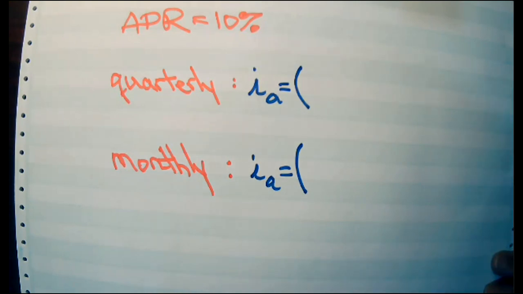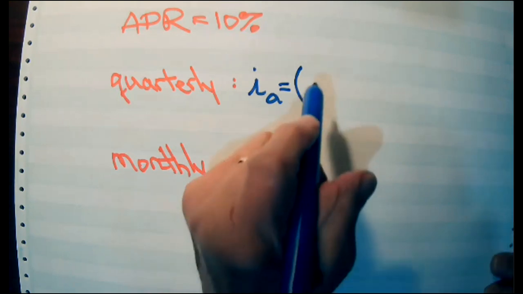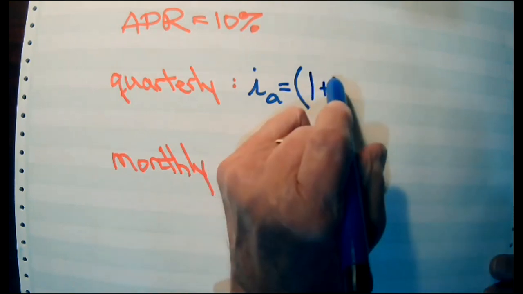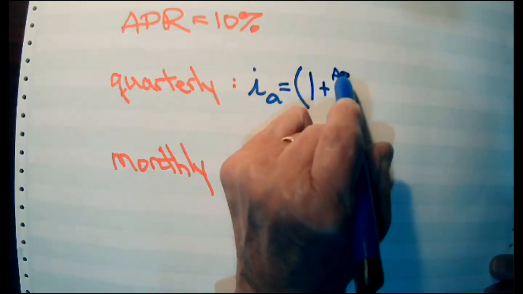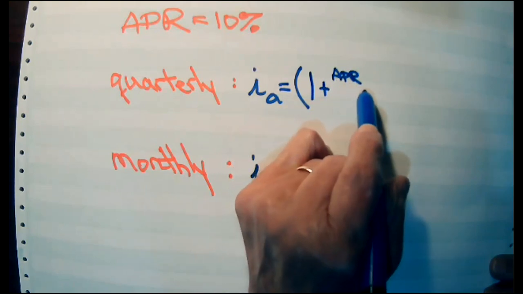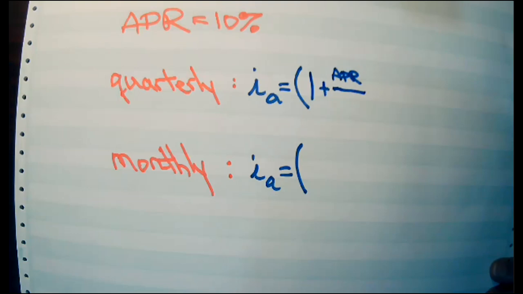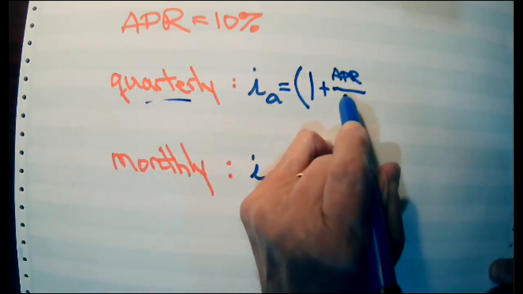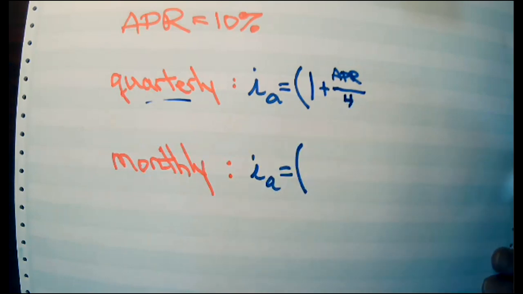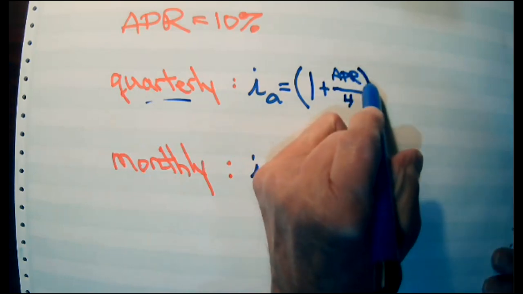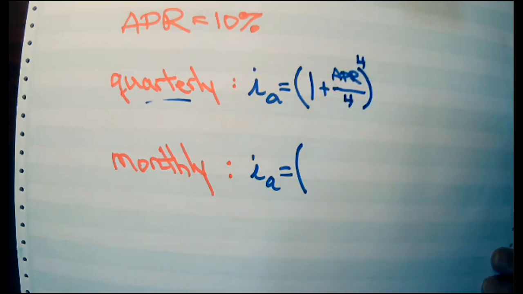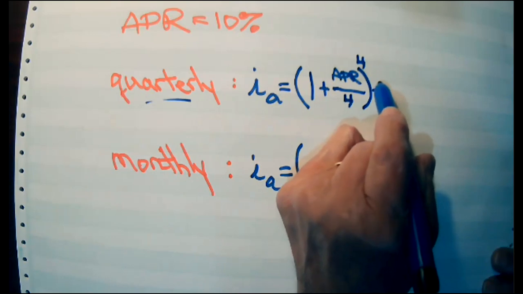The formula to find the annual percentage yield is equal to 1 plus the APR divided by the number of compounding periods per year. Quarterly means there are 4 compounding periods per year. And then I will take that term to the 4th power and subtract 1.